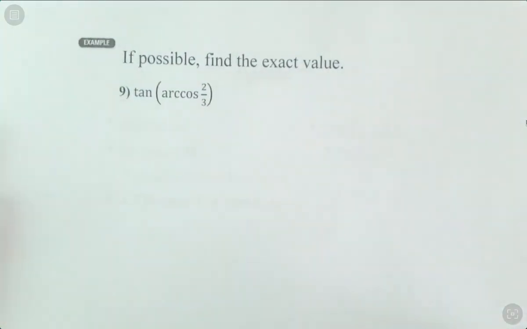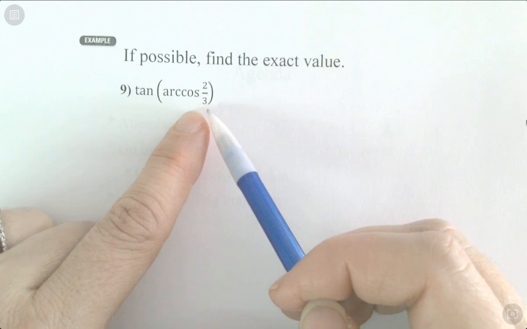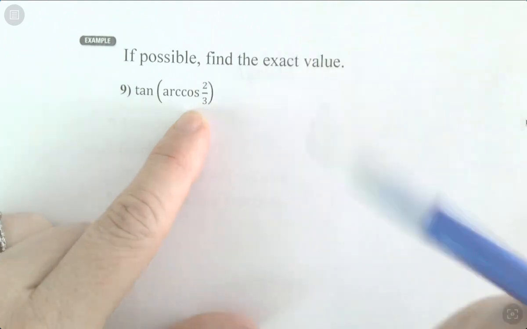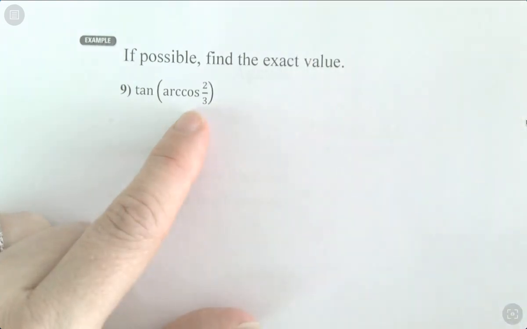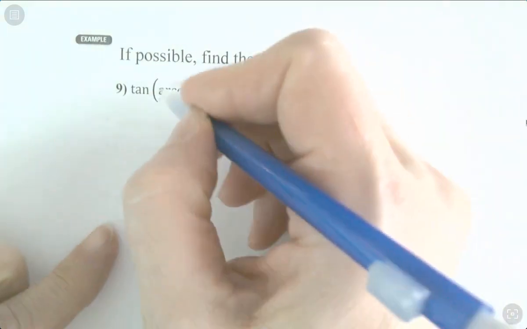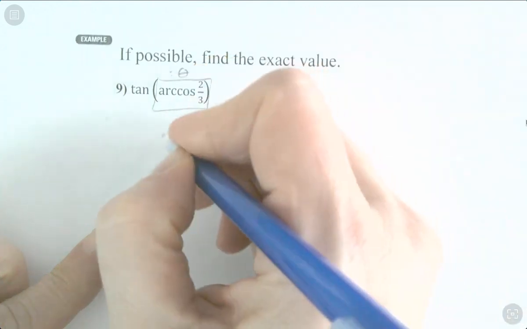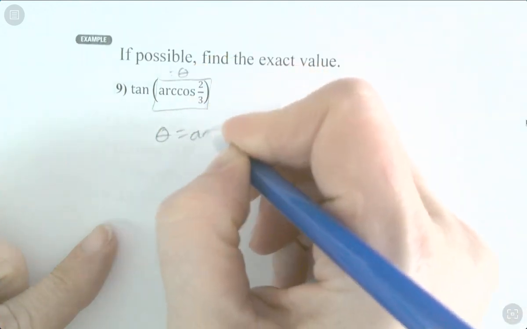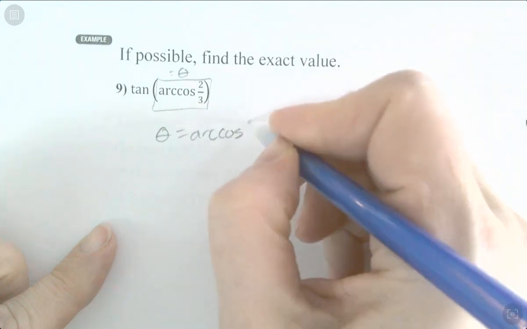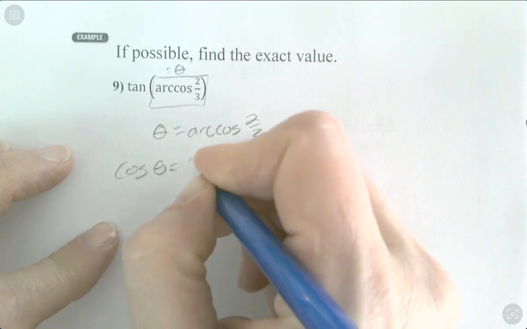Numbers 9 and 10 are very similar to each other. Obviously, 2/3 is not something that we've seen on the unit circle, so we're going to use a technique that we were using a couple of weeks ago. We're going to draw a triangle. If we let this whole thing equal theta, then theta is equal to the arc cosine of 2/3, which really means the cosine of some angle is 2/3.